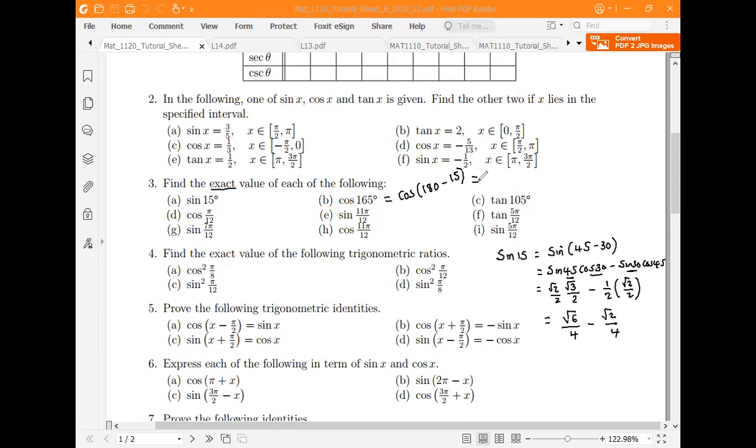Yeah, it's 165. But maybe it will take us much time because the 15 again will require an identity.